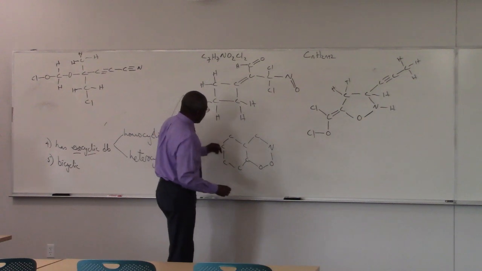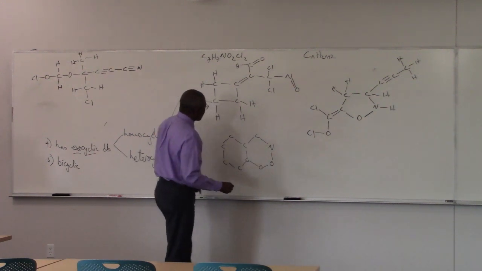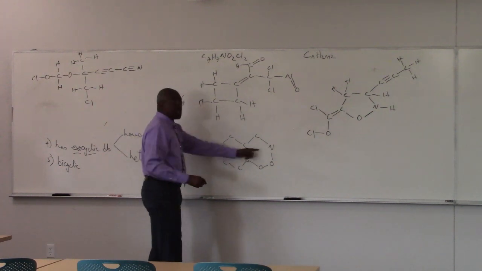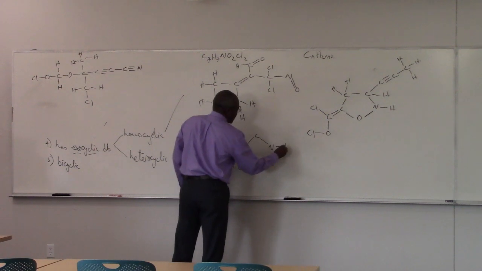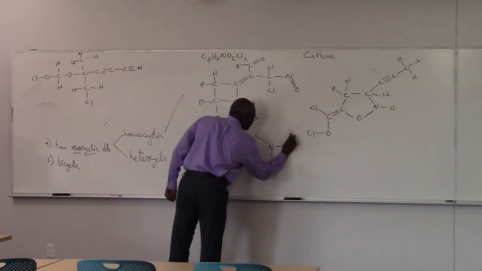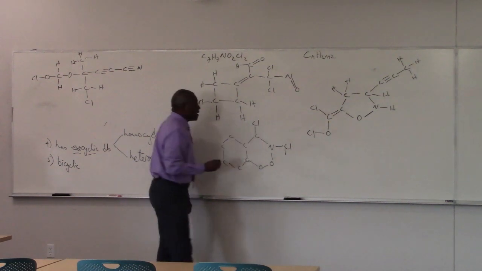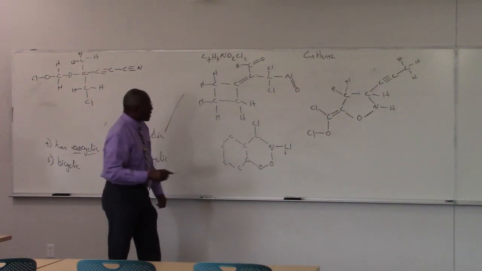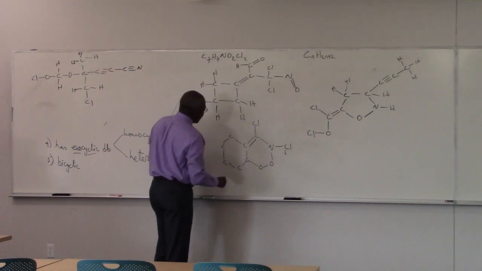So this is 7 carbons, 1 N, 2 O's. I have 2 HDIs. I need Cls. This looks like a good place for a Cl. I need 1 more Cl. I need 2 more HDIs. This looks like a good place for an HDI right here.